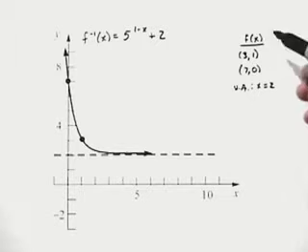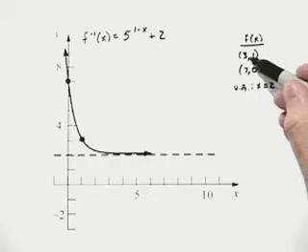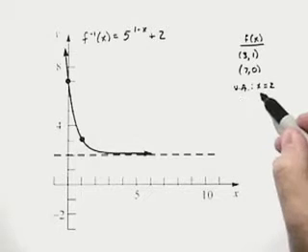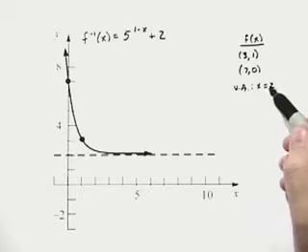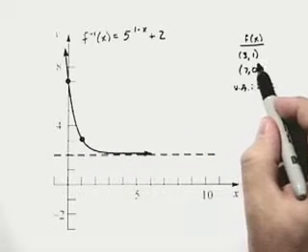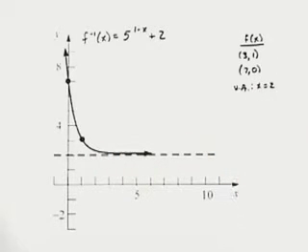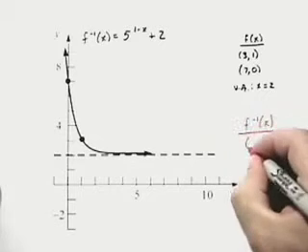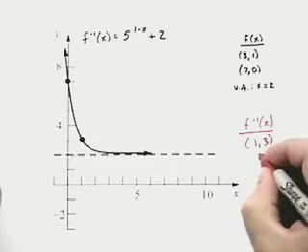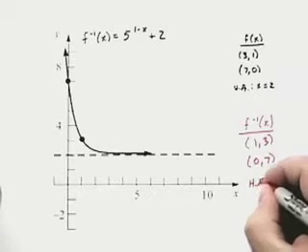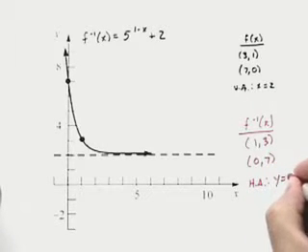Earlier, when we graphed f, we plotted the points 3, 1, and 7, 0, as well as the vertical asymptote x equal to 2. To graph the inverse, we interchange the x and y coordinates. So for our inverse function, f inverse, we would be plotting the points 1, 3, 0, 7, and we would have a horizontal asymptote of y equal to 2.